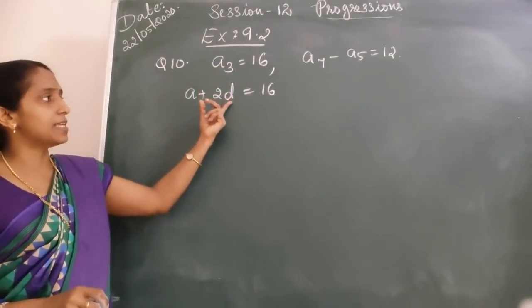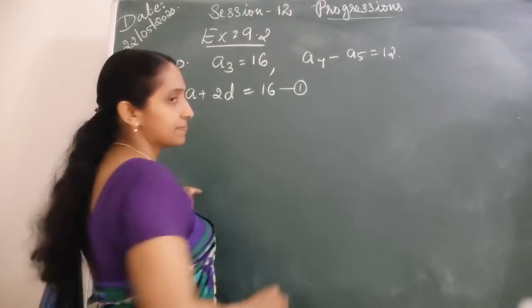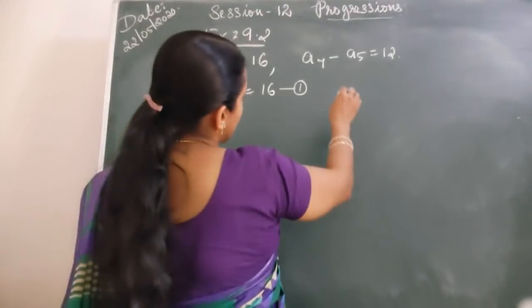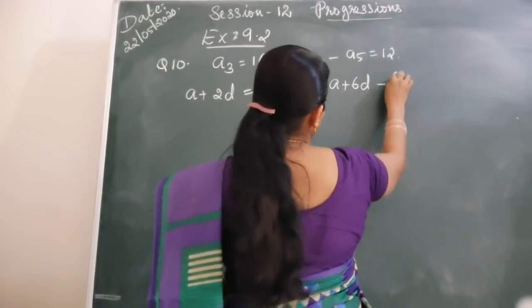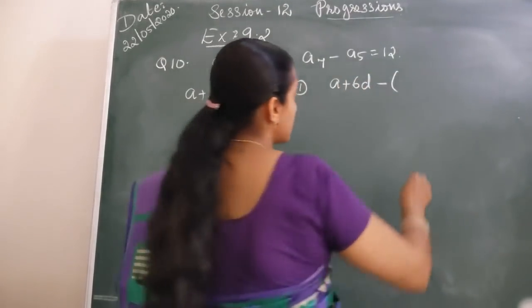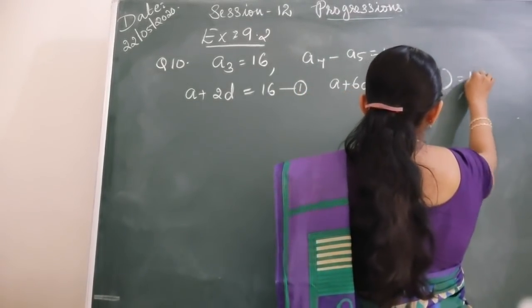The third term is A plus 2D, that is given as 16, right? And the second case, seventh term is A plus 6D minus fifth term A plus 4D is getting as 12.